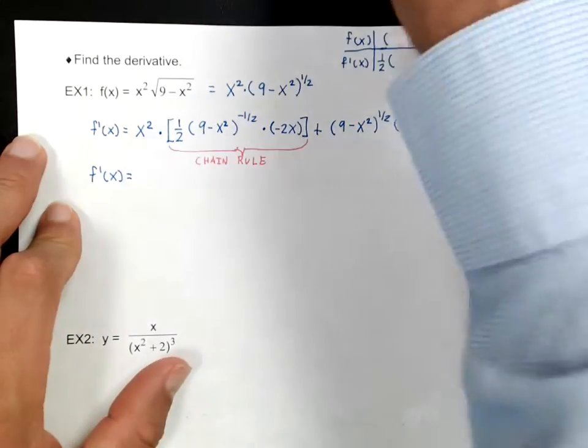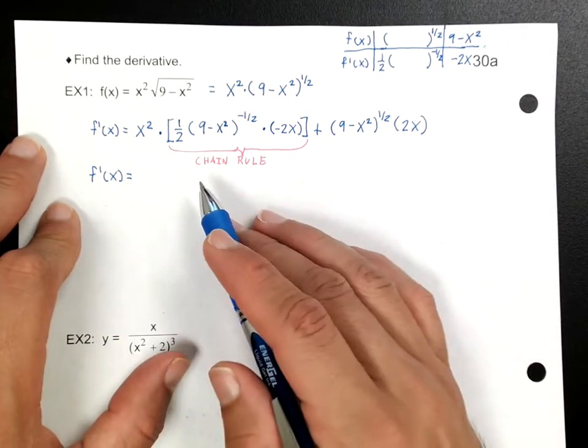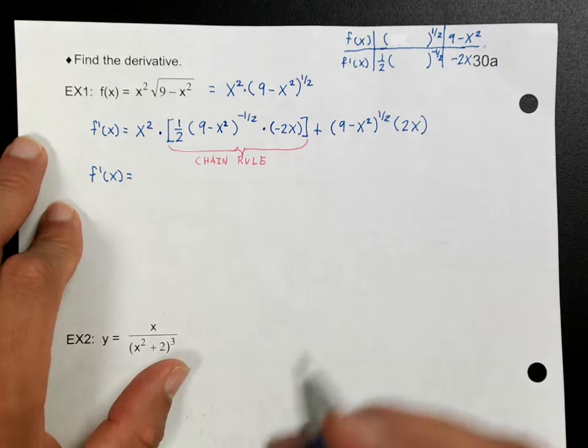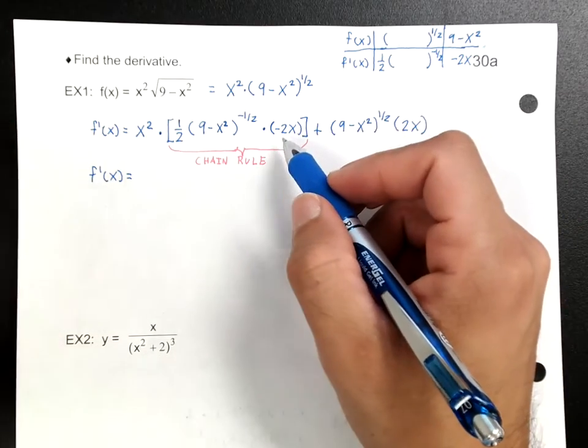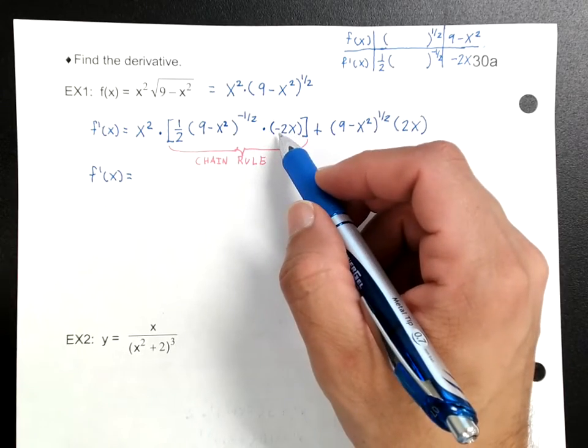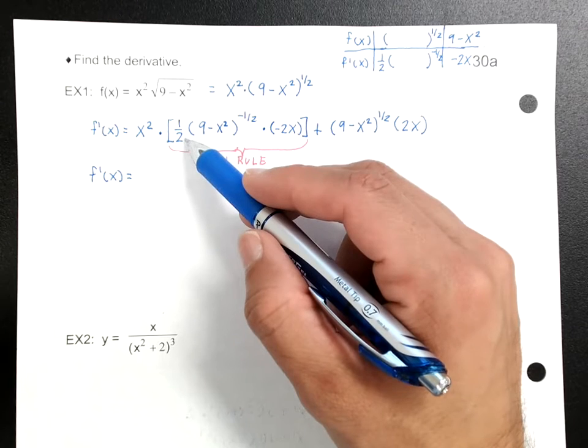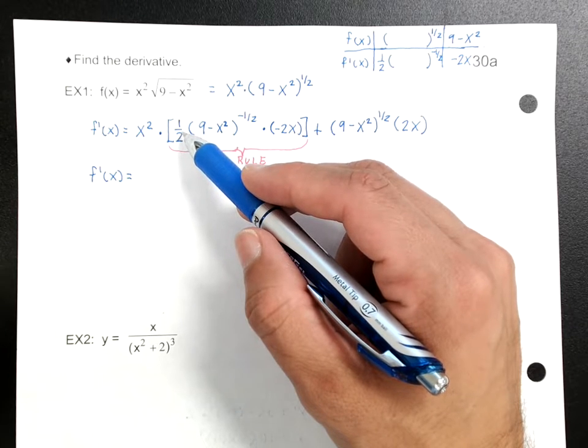Okay. So now I'm going to try to simplify what's inside of that first. So let's see. If I multiply this times this, I'm going to have a negative x.